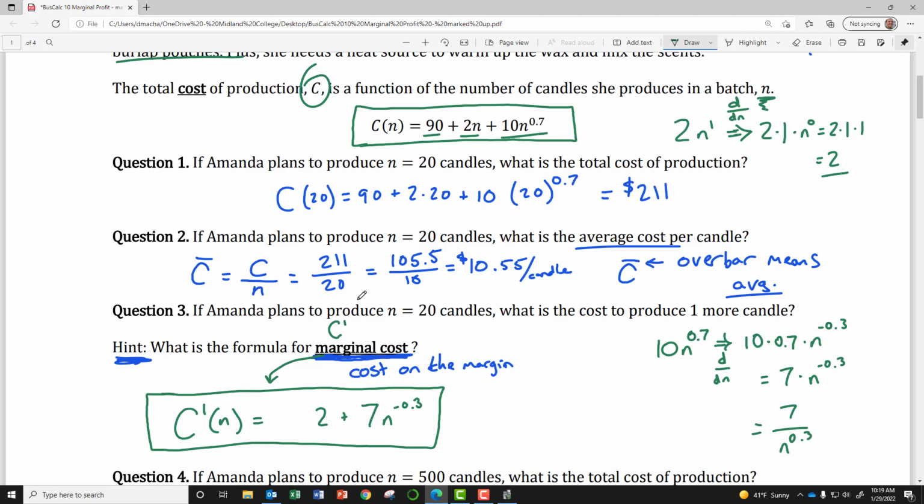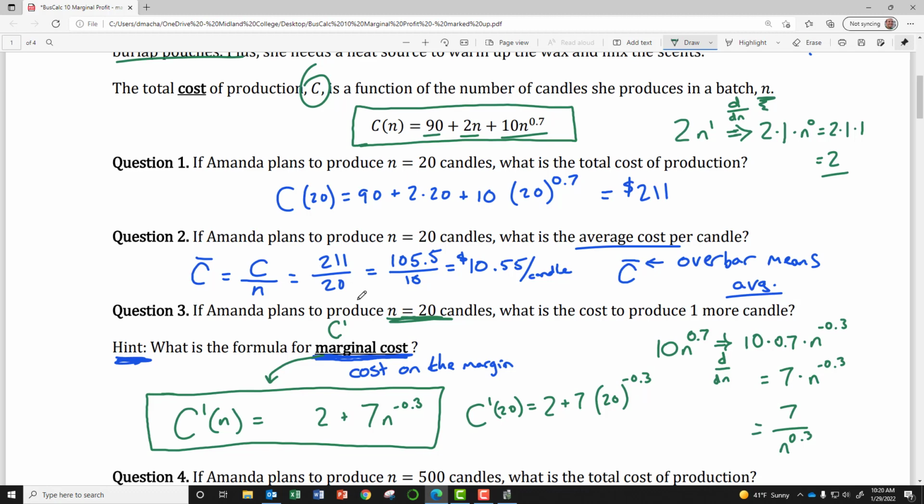So for my hint, where it asks what is the formula for marginal cost, that's our formula. And so now, if we were planning to produce 20 candles, the marginal cost for producing 20 candles would be 2 plus 7 times 20 to the power negative 0.3. And I want you to notice that this marginal cost is always going to be at least 2, because I've got that constant 2 in there.